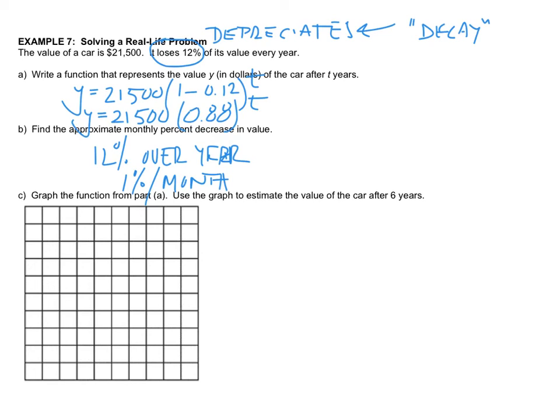So now we want to graph the function, and you're definitely using a calculator. And then we also want to estimate what it is going to be after 6 years. So let's make our table. T, and then the value, which is really your y. At 0, we know it's 21,500.